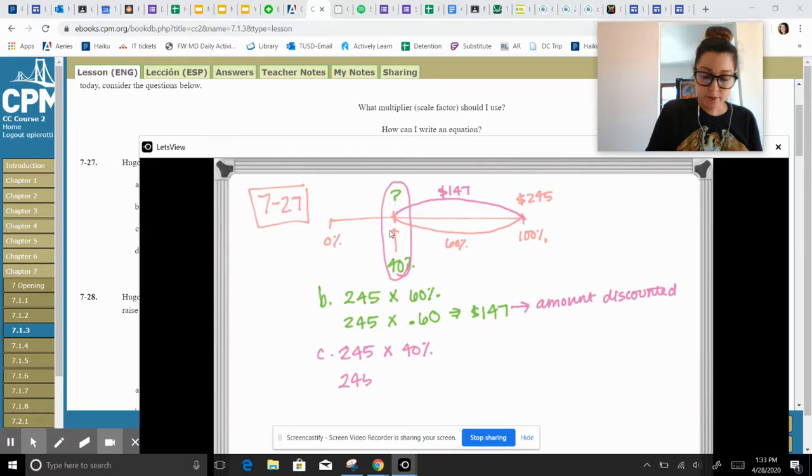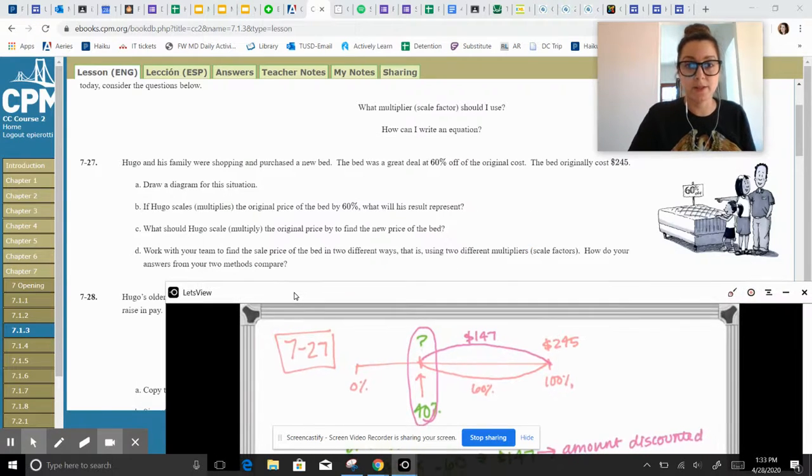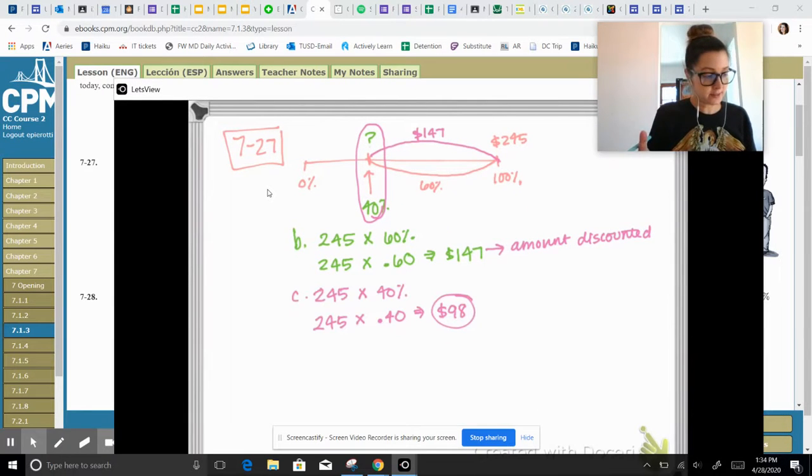So we would do 245 times the decimal version, 0.40, and this is $98. So that's our answer for 7-27.